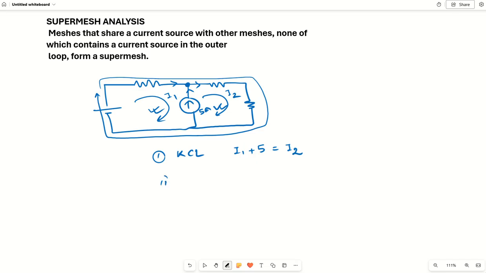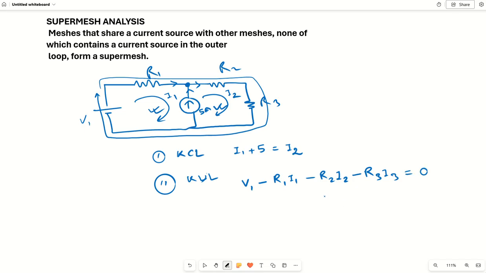So this KCL equation will give you one equation, and the second equation will be your KVL equation, which will be written in the outer loop. For example, suppose this is your V1, then it will be V1 minus R1 I1, minus R2 I2, minus R3 I3 equals 0.